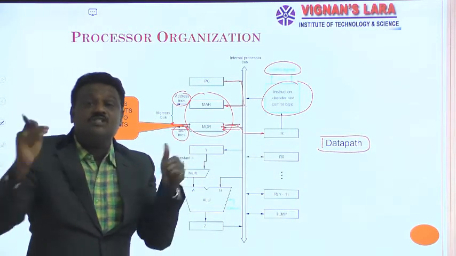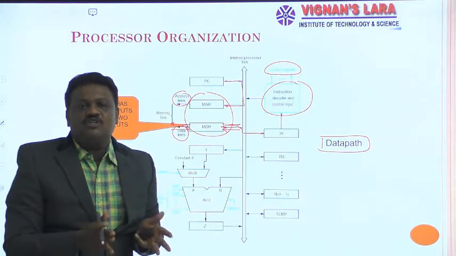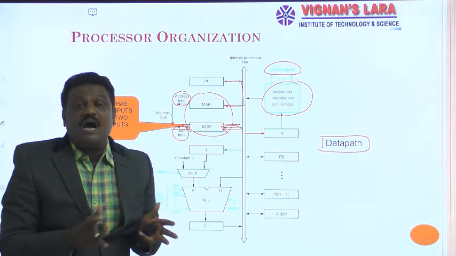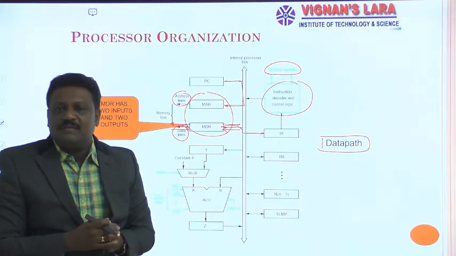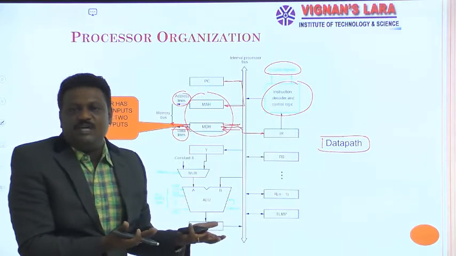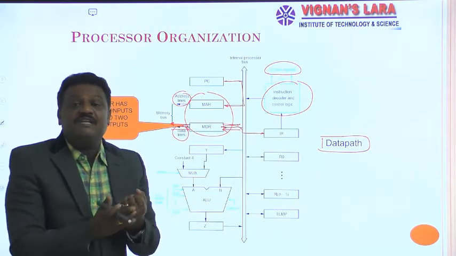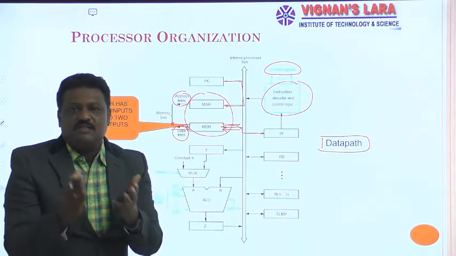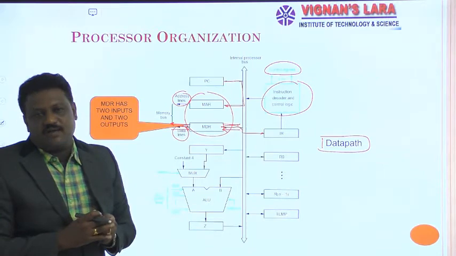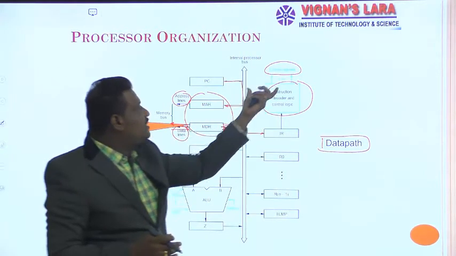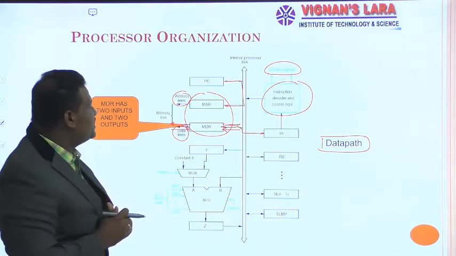These control signals are not only useful for different operations internal to my central processing unit, they are also helpful for communicating with the external world. That means whenever I want to communicate with the memory or with IO devices, definitely I need control signals. Those control signals are also generated by this instruction decoder and control logic. That's why I used a different color for representing it. You have to remember that.